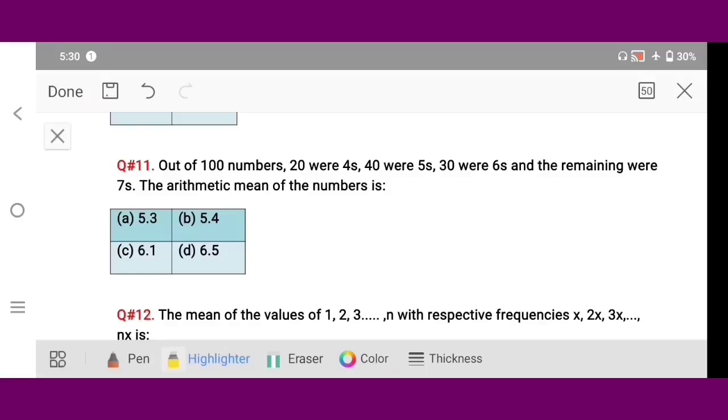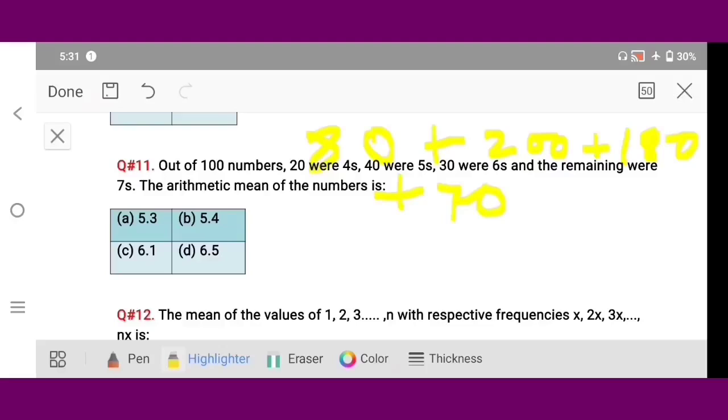So we know 20 times 4 gives 80. 40 times 5 gives 200. 30 times 6 means 180. The remaining: 20 plus 40 is 60, plus 30 is 90, so we have 10 numbers left, and 10 sevens give 70.